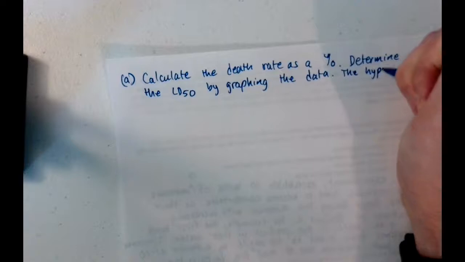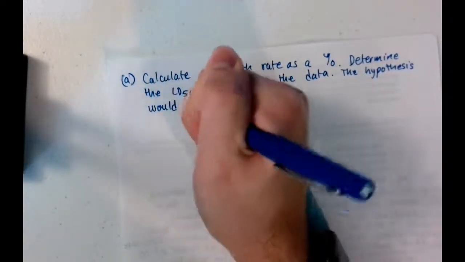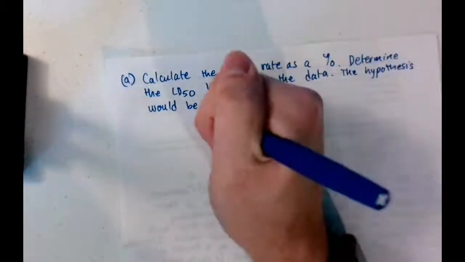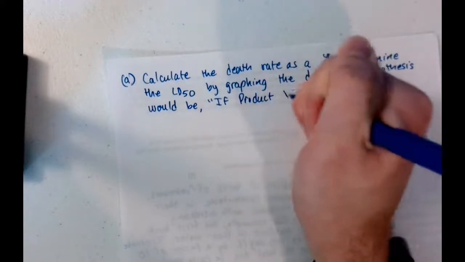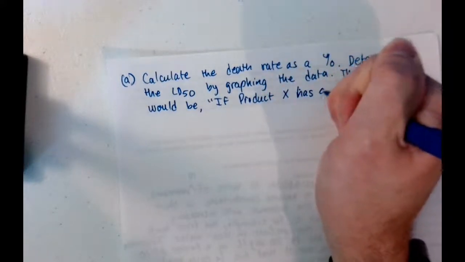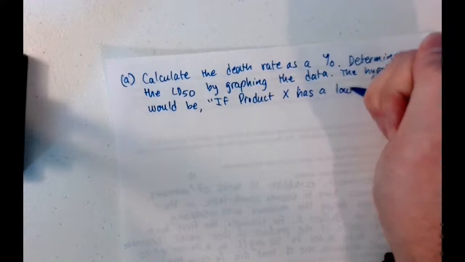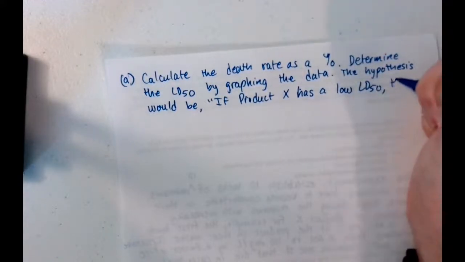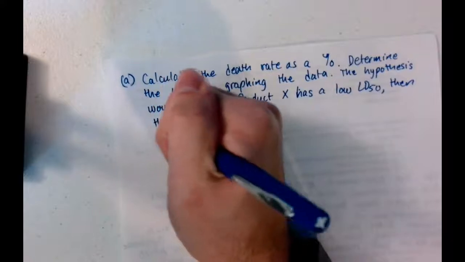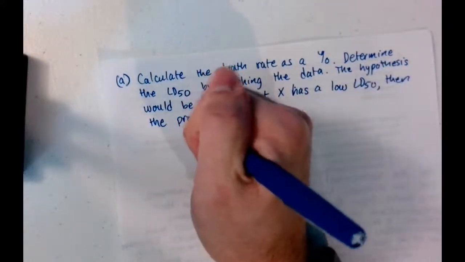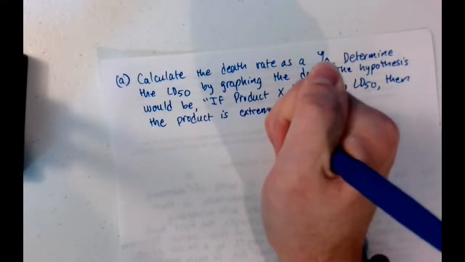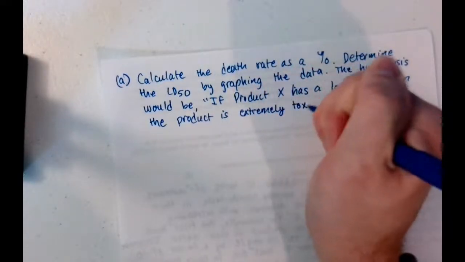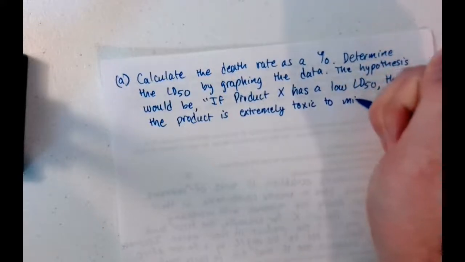The hypothesis would be, and you have to state this in an if-then statement, if product X has a low LD50, then the product is extremely toxic to minnows.